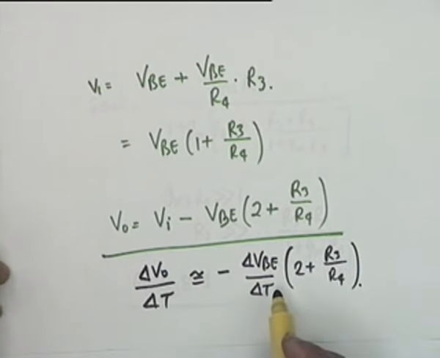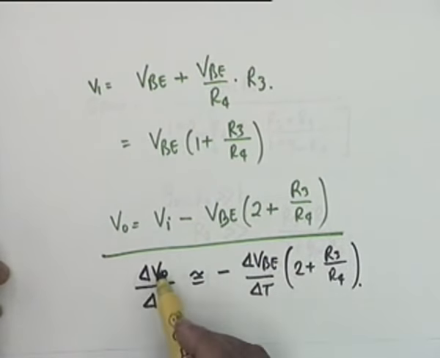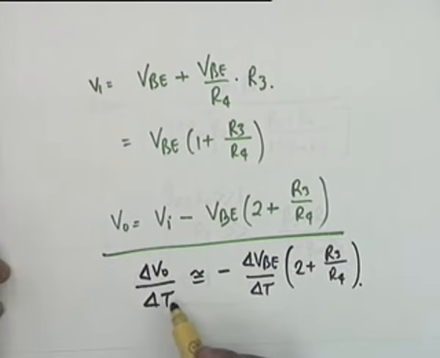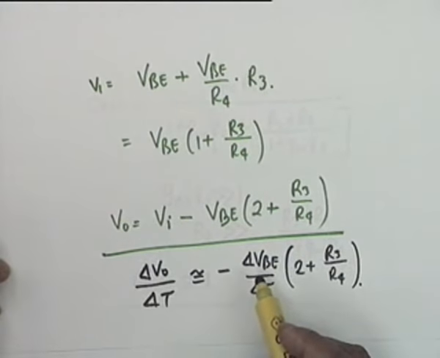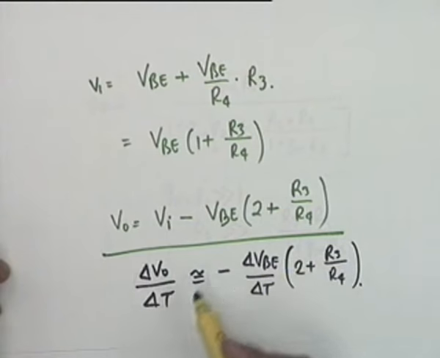So if at all the temperature dependence of delta V0, the output, is amplified, what is this value, delta VBE by delta T? What is the value? 2.2, negative or positive?